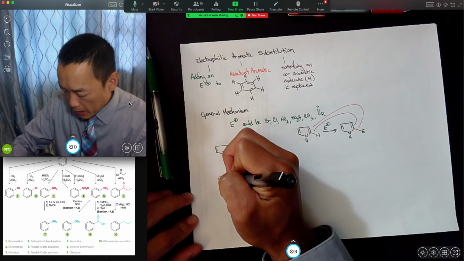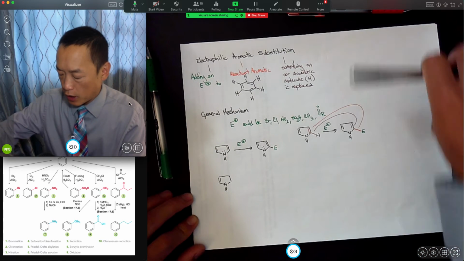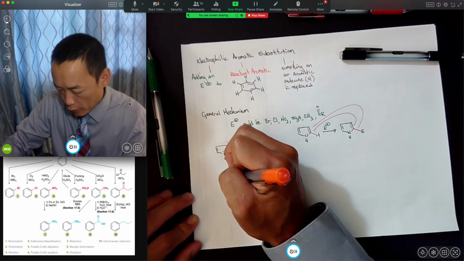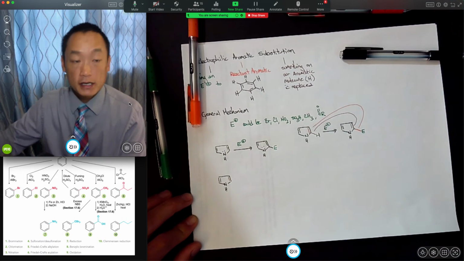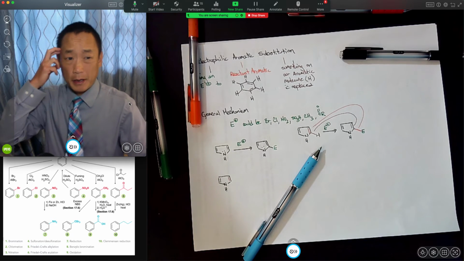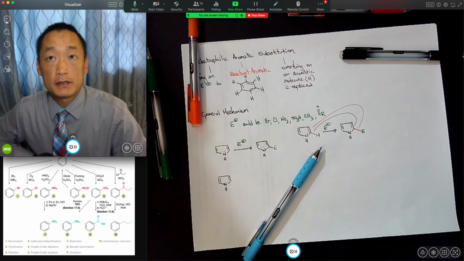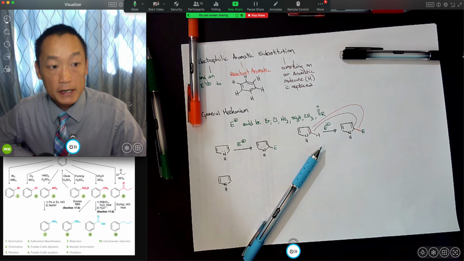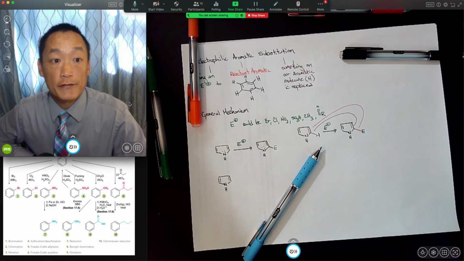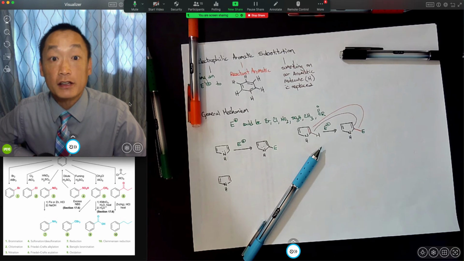Let's take a look at mechanistically how we would expect this reaction to proceed. I'm going to highlight this double bond in orange so we can track that one. And what I'm going to suggest is that double bond, and most people on the examination got this right, and I was pleased to see this. A double bond, or a pi portion of a bond, is electron rich. And if there's something that's electron rich, what does the electron rich thing like? The electron rich things like the electron deficient things.